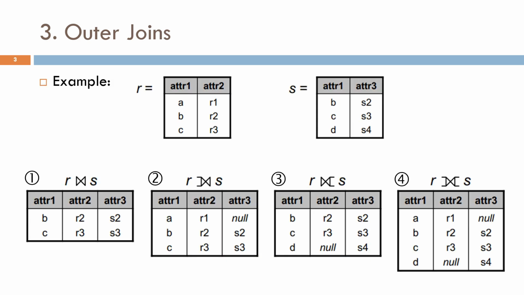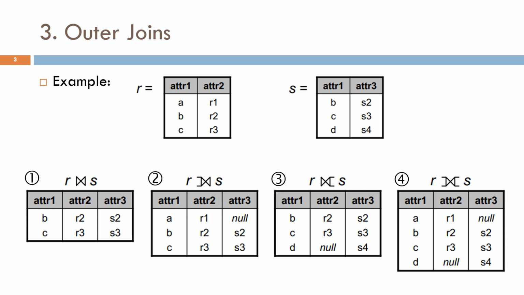Example, consider the two tables R and S here, where R contains attribute 1 and attribute 2, and S contains attribute 1 and attribute 3. The common attribute between R and S is attribute 1. First operation, R natural join S. Natural join requires that both left and right tables must have a matching tuple based on the common attributes that have matching values.